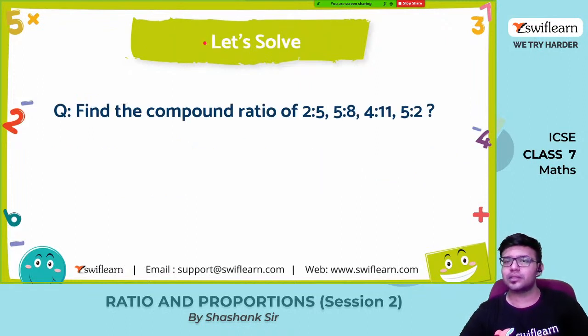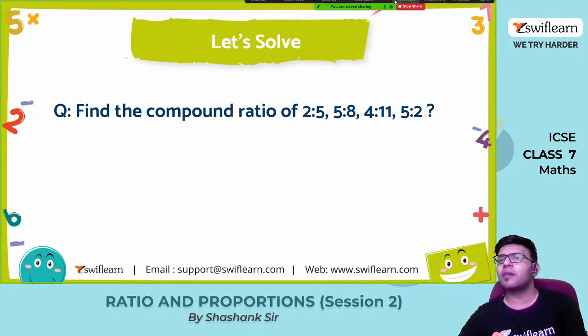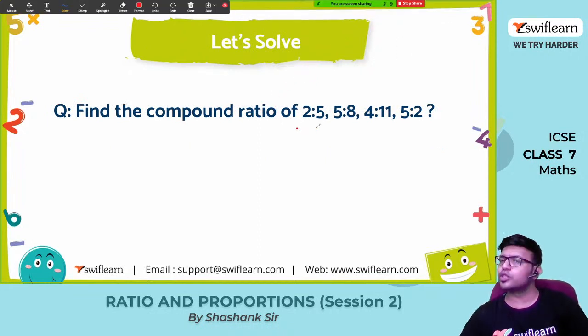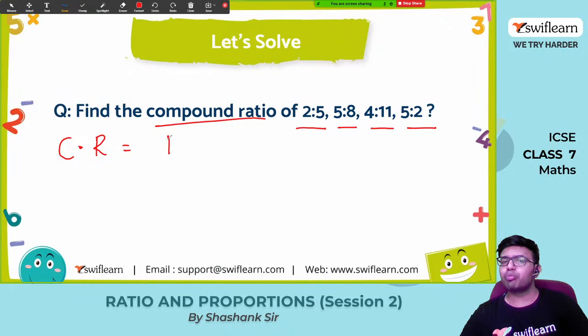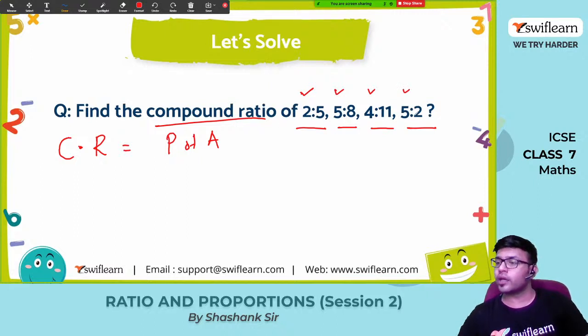Okay, now see here, find the compound ratio of 2 is to 5, 5 is to 8, 4 is to 11, 5 is to 2. How to write this? For short form I am writing CR, which means compound ratio, is equal to product of antecedents. Antecedent means the first part of the ratios. Here in 2 is to 5, 2 is the antecedent, 5 is the antecedent, 4 and 5 in the following ratios.